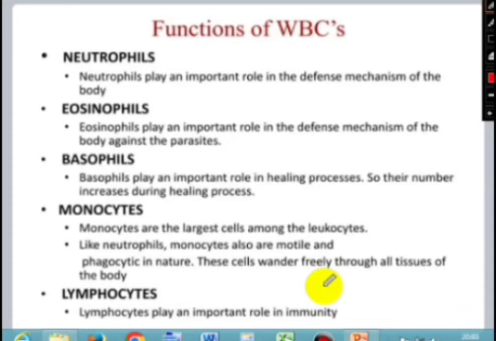The lymphocytes play an important role in immunity. Immunophysiology is something you will do also in this class.